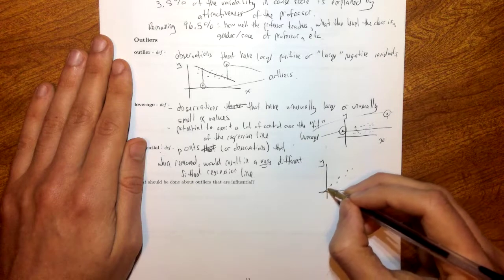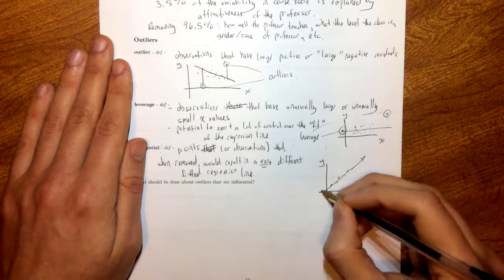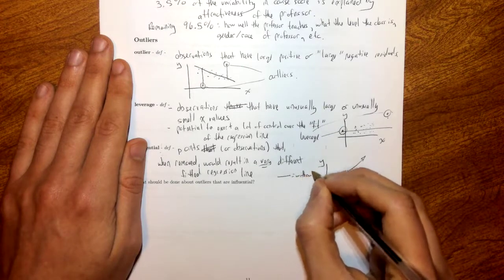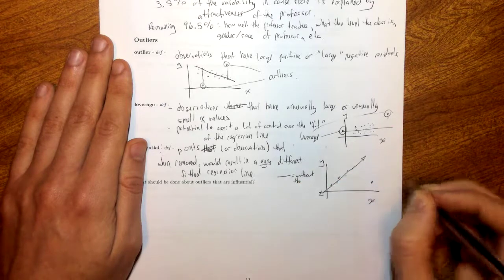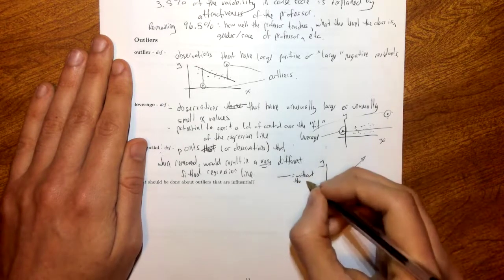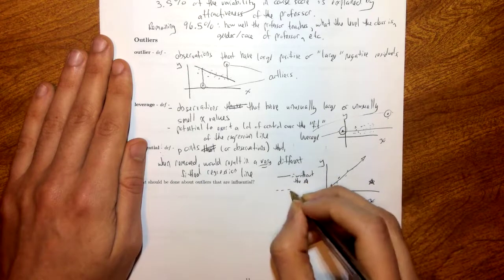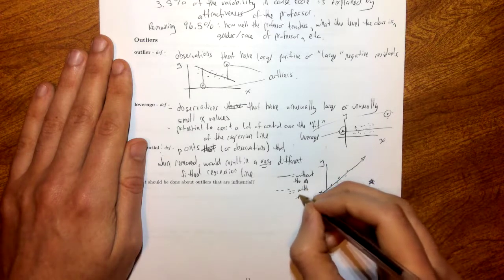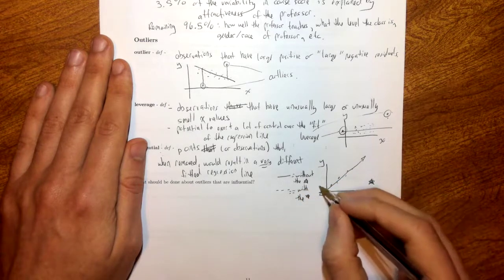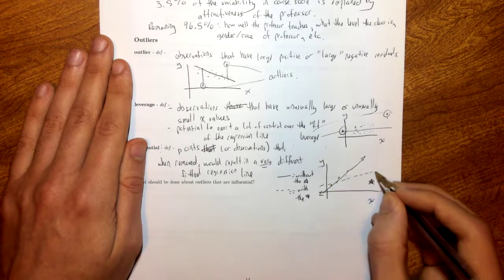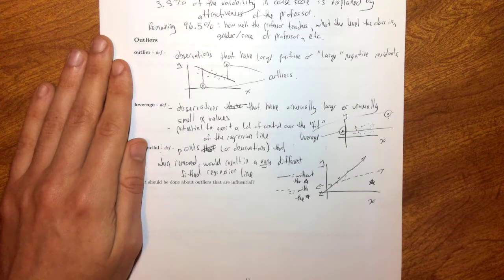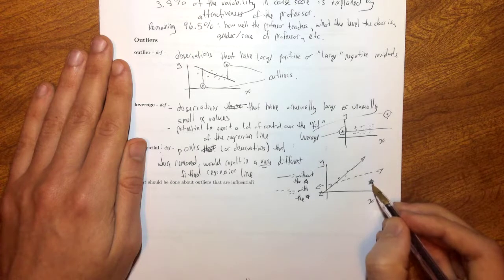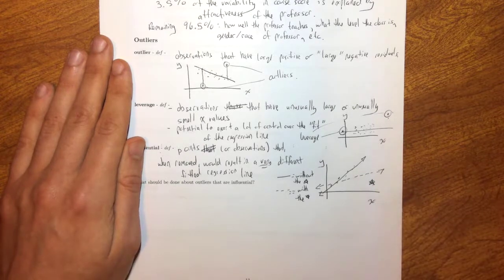Then I'm going to draw one fitted line, so that would be the fitted regression line without the point that's starred. And then I'm going to draw a dashed line that's going to represent the regression line that includes the point that's starred. That might look something like that.